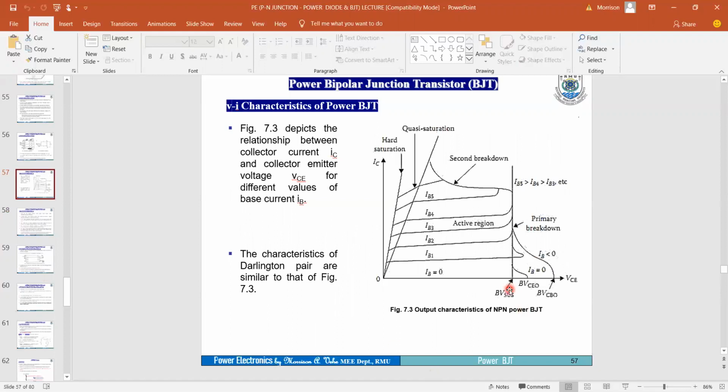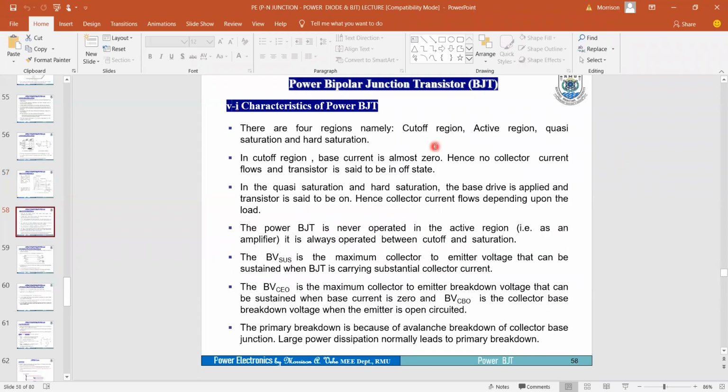All right. Also, we have BVCEO and then BVCBO. Collector to emitter, and this is collector to base. Now, your BVCEO is also the maximum collector to emitter breakdown voltage that can be sustained.